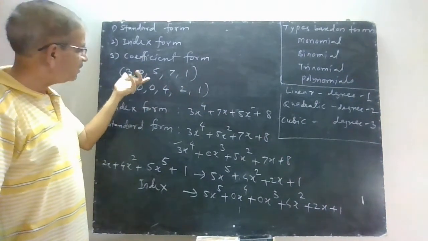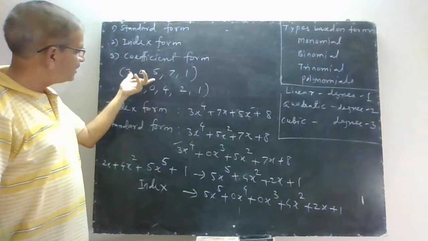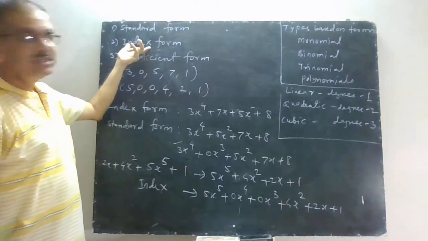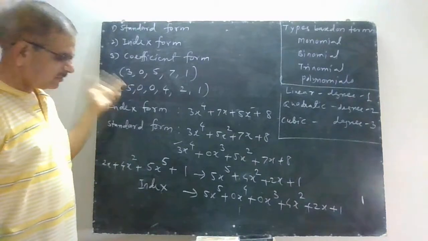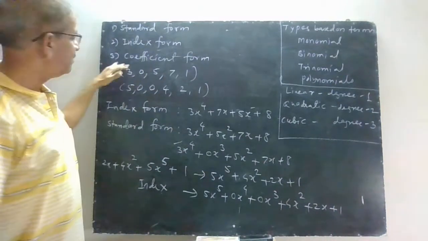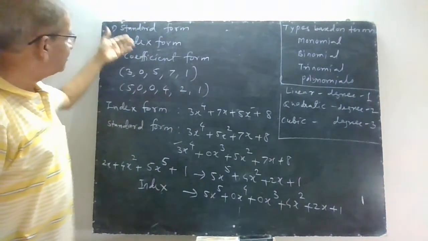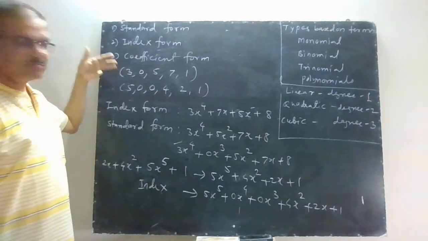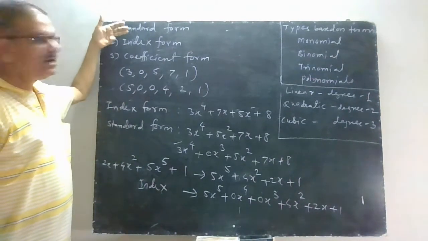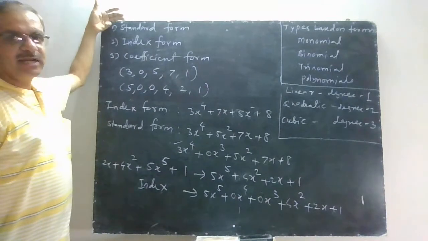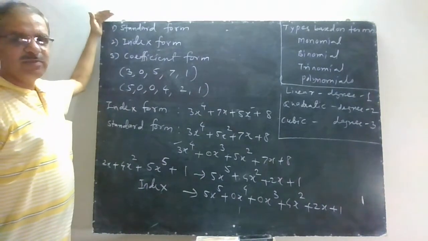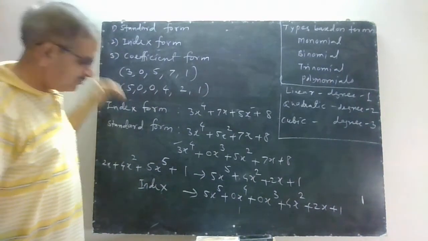And if you write down only the coefficients of the terms in the index form, that is called the coefficient form. From the index form you can write the coefficient form, from the coefficient form we can write the index form, and from the index form you can write the standard form. So if one of the forms is given, we can write the remaining forms.